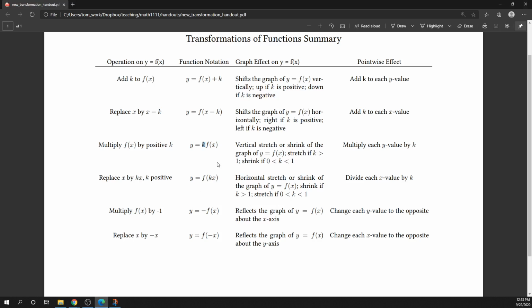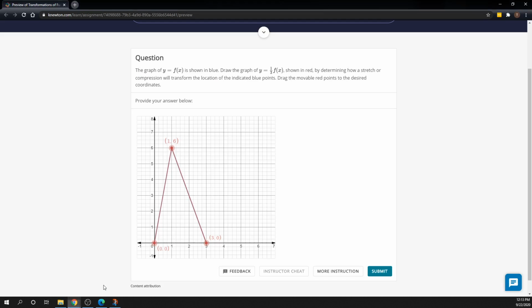And so then what you really want in these problems is the pointwise effect. What would that do to the points on the graph? And so what you should do is multiply each y value by k. So going back to this graph here, we can see we have 0, 0, 1, 6, and 3, 0.